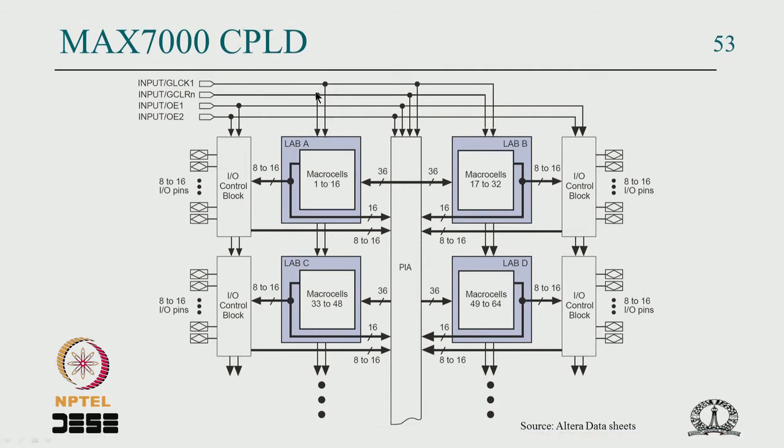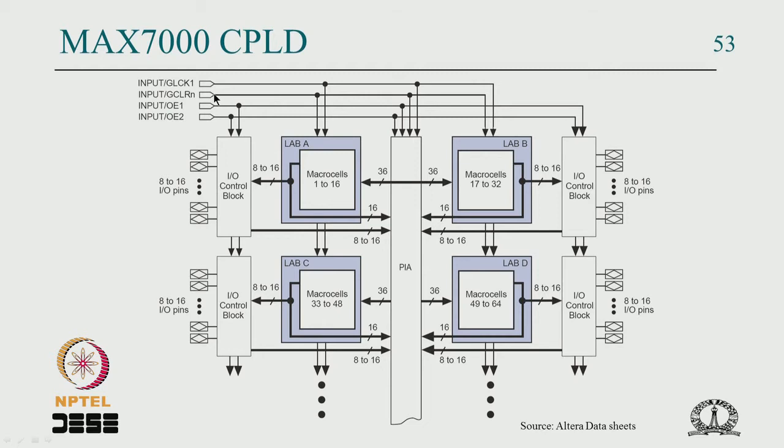It's not that you are limited to it, you can use a product term to clock it, but you can use this also. If you are not using this as a clock, then it can be used as an input to the switch, it is not wasted as a dedicated pin, and can be taken as input to one of the logic blocks.